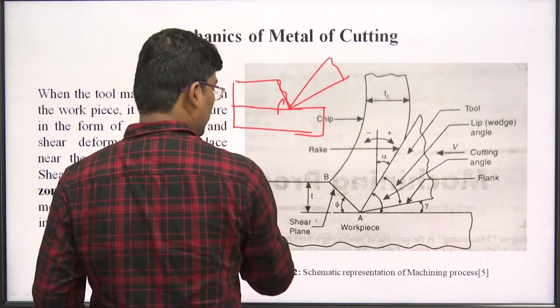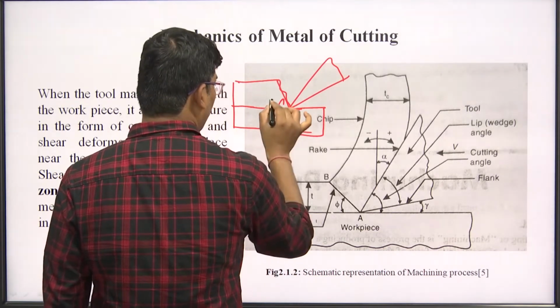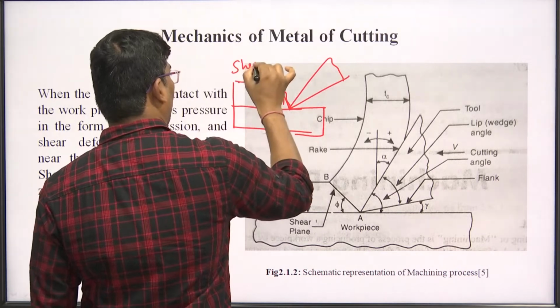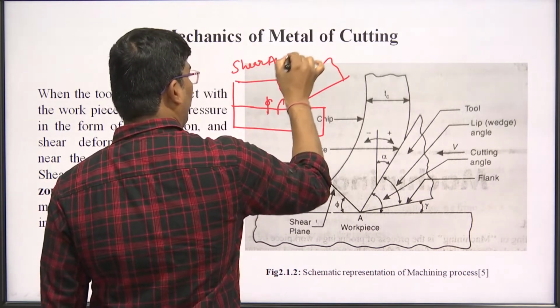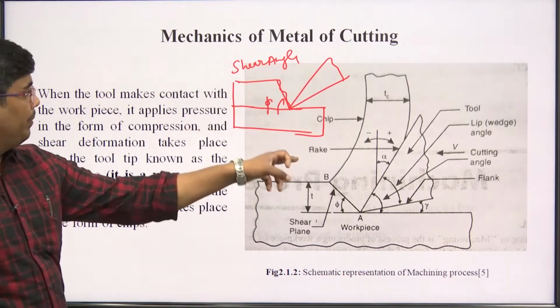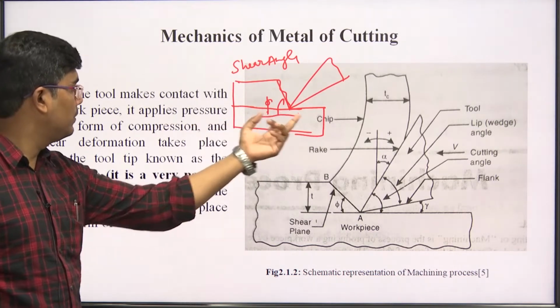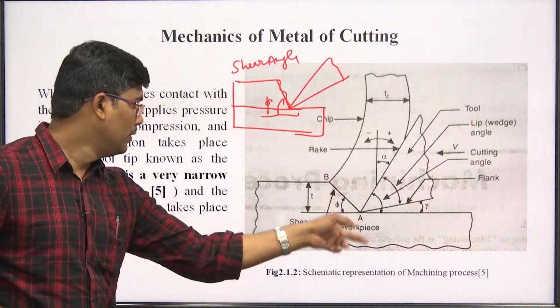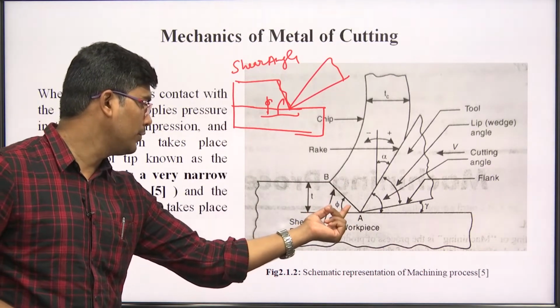This is known as the shear angle, the angle between the shear plane and the machined surface horizontal line. ये horizontal axis and shear plane के along जो एंगल बनता है वो shear angle होता है.